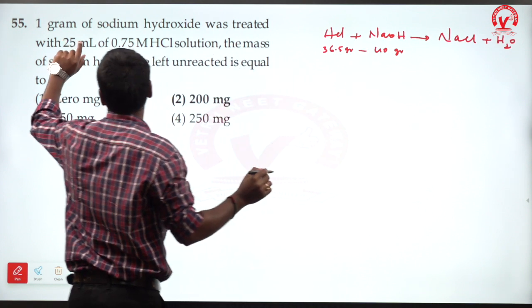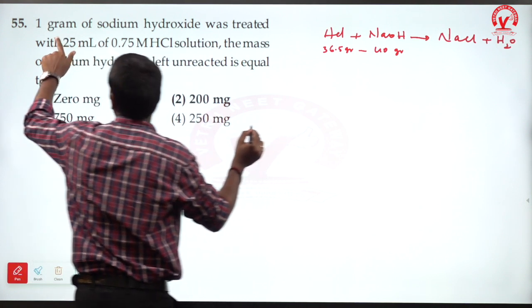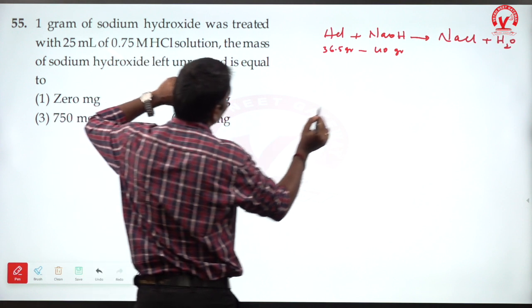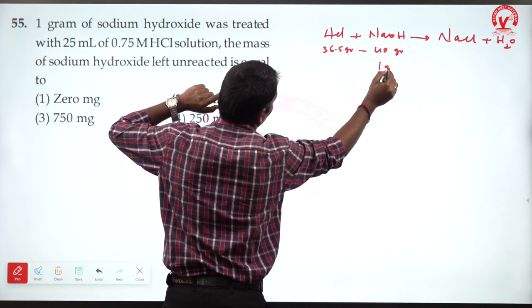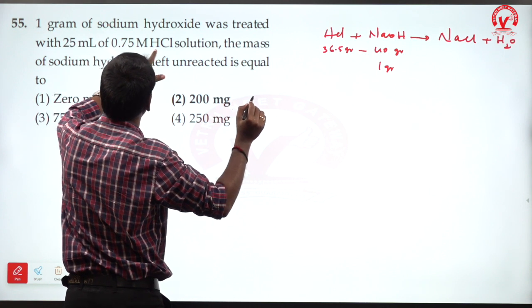But here they give 1 gram of sodium hydroxide treated with 25 ml of 0.75 M HCl solution.